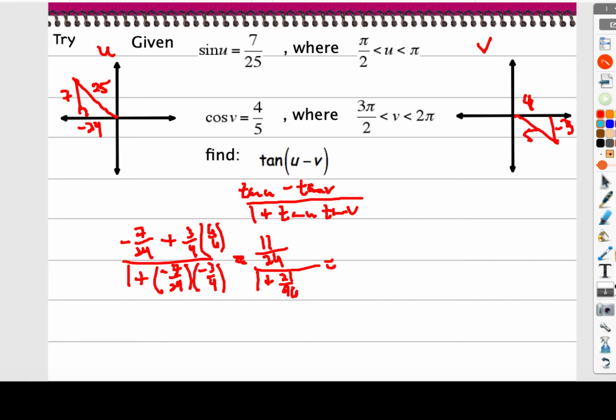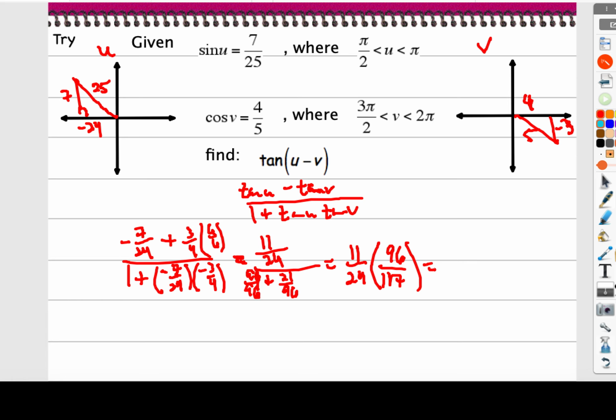Mostly just arithmetic work going on here, but we've got 11/24 times the reciprocal of the bottom. Now if we think of that as 96/96, that's 117. So we're going to multiply by its reciprocal. I'm going to put that 96 on top, 117 on the bottom, and keep things rolling here.